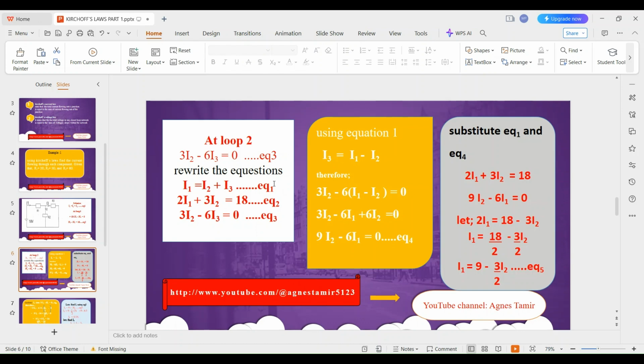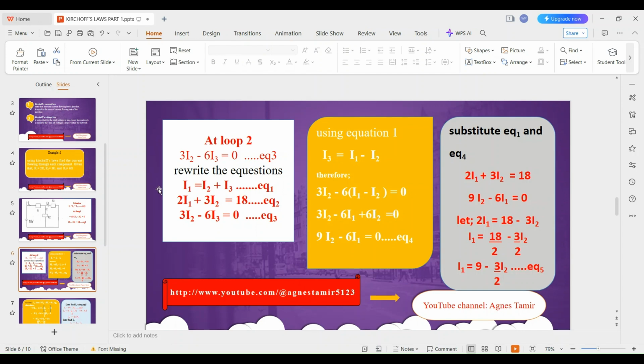Now let's rewrite the equations. Equation 1 was I1 is equal to I2 plus I3. Equation 2 is 2 I1 plus 3 I2 is equal to 18. And equation 3 is 3 I2 minus 6 I3 is equal to 0. Now, in equations 2 and 3, we have I1, I2 and I2, I3, so we have to change to use either I1, I2 or I2, I3.